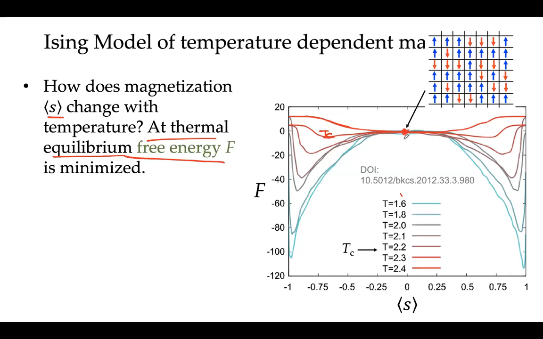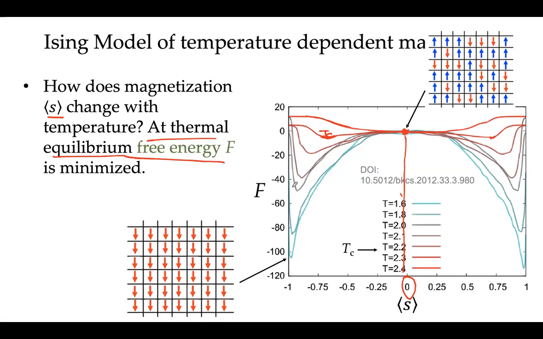What is the magnetization that corresponds to this point? As you can see, it is 0. So at this point, there's no magnetization. But if you cool the system down, you can notice that exactly at TC, a little dip starts to occur here and here. And after that point, the minimum of the free energy is never at 0, but at some non-zero value.